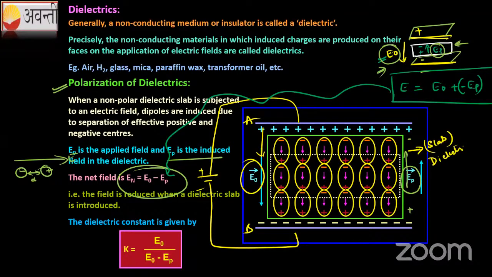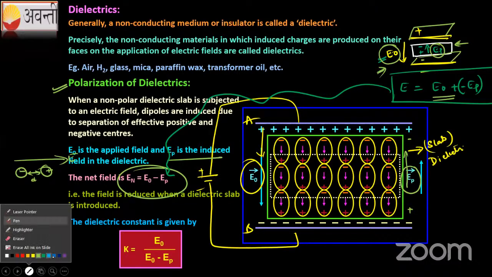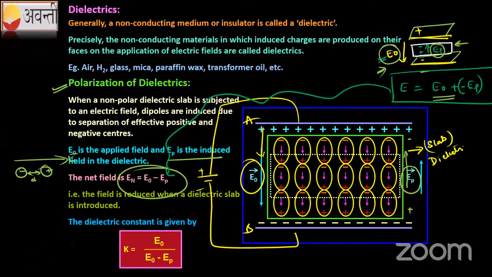At that time, to calculate the total electric field we need to add these two, E naught plus EP, but EP is in the opposite direction to E naught, right? That's why the value will become E naught minus EP. Clear? Now tell me, is that clear?